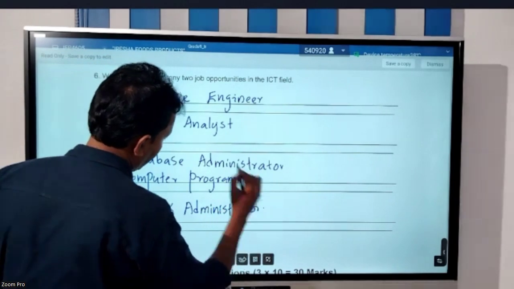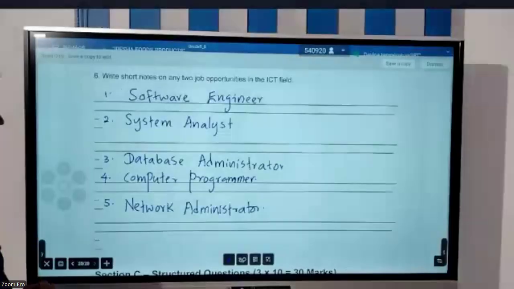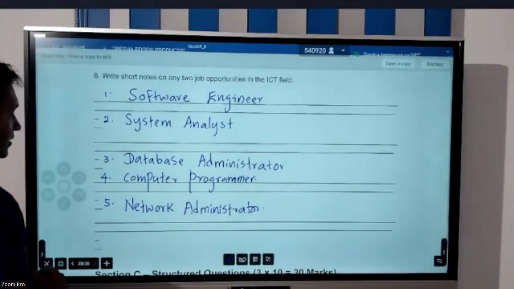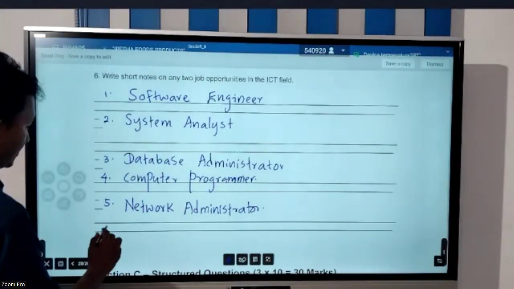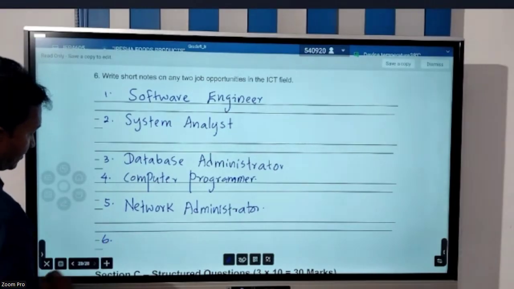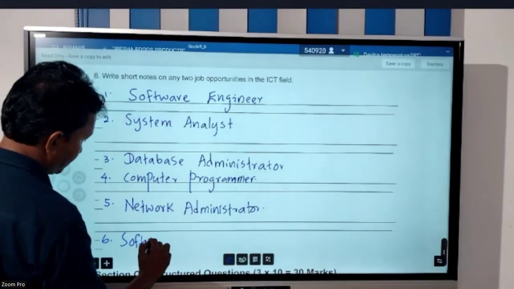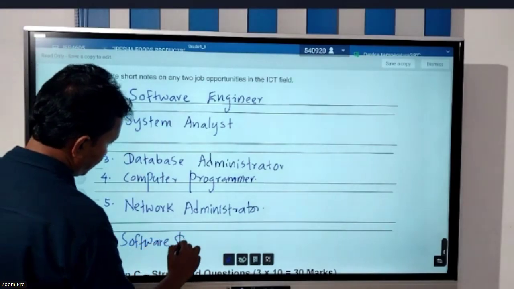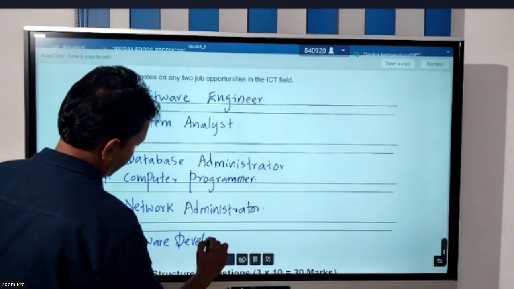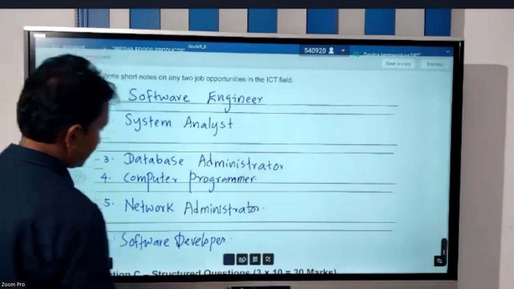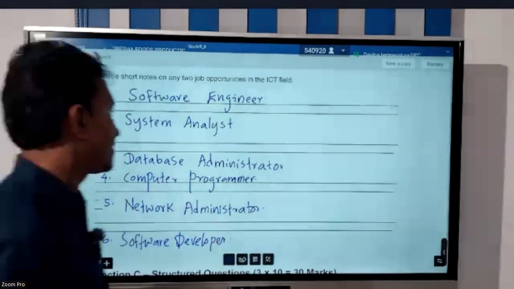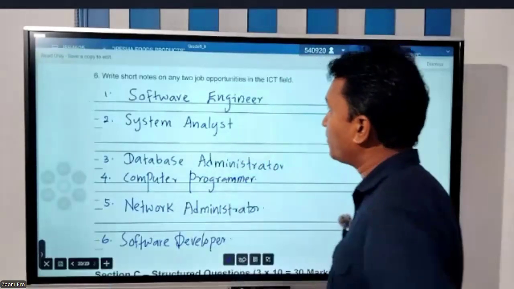Developer. Software developer. Yes, those are the job opportunities.